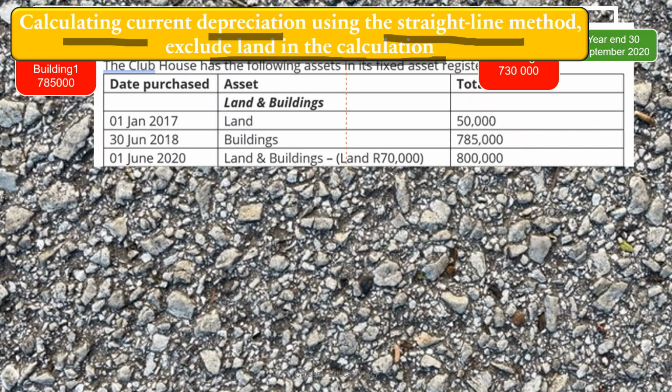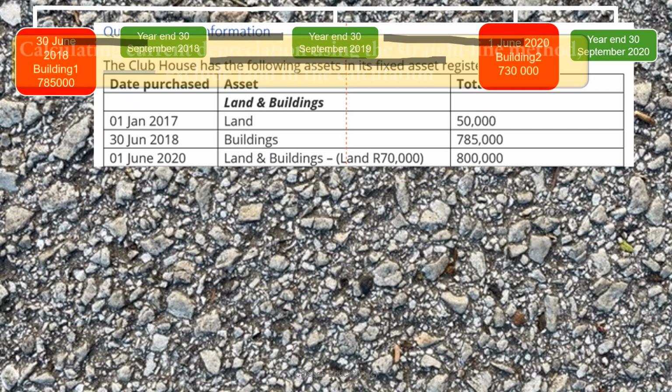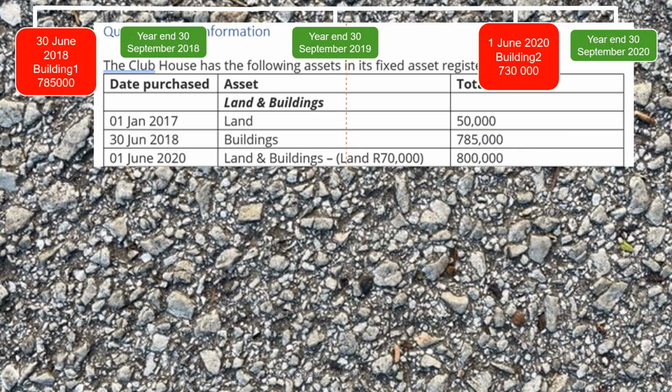So let's have a look at this one. Now, before I carry on, we first have to look at all the information with regard to land and buildings so we see what's happening.